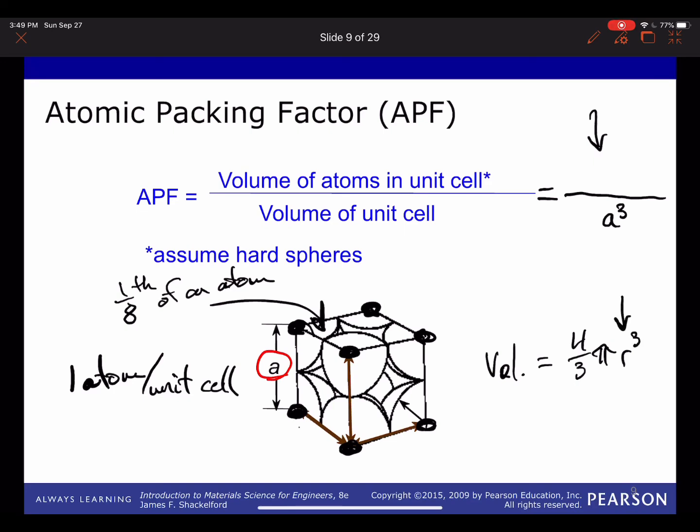And so if we can express r in terms of the edge length, we'll be in better shape for eliminating the A in the denominator above. Well, it follows from our diagram that if A is defined as the distance between the centers of 2 atoms, and that they contact at the midpoint, then A equals 2r, and therefore r equals 1/2 of A. And so we can substitute this into the simple equation and help us get to the answer.